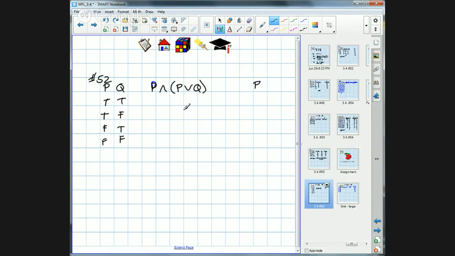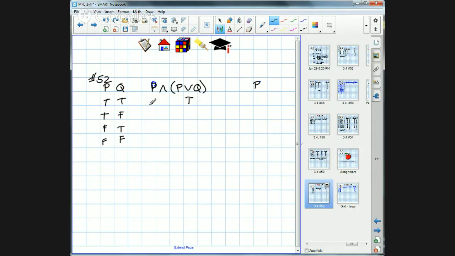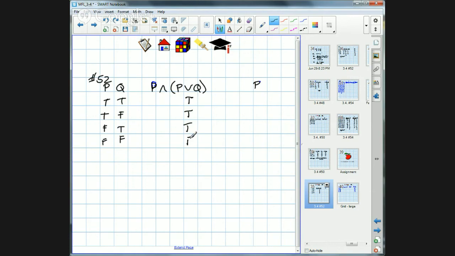So you do the one in parentheses first? Yep. So what's P or Q? Well, the rule for that inclusive OR is only false when both are false. Right. So TT is true. True, true, false. Correct. And now, here, should I copy?